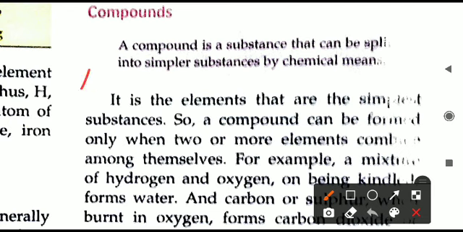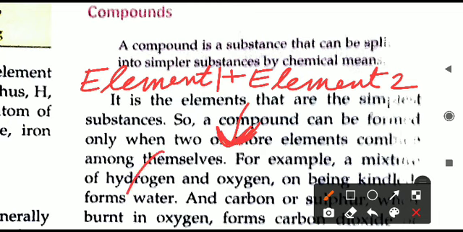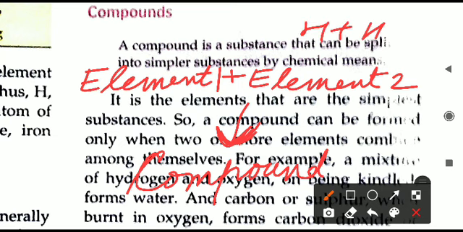In a simple way we can say, when different elements join with each other, element 1 plus element 2, meaning 2 different elements, then what will happen? Then a compound will form. If the same element is joining, then it is a molecule. Just now we have seen, like hydrogen, if they are joining, it will give H2.